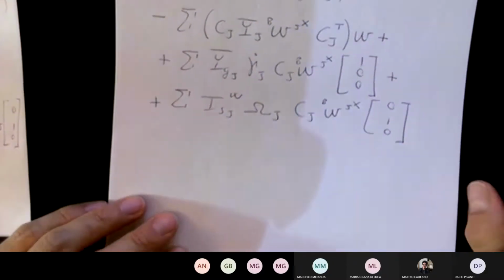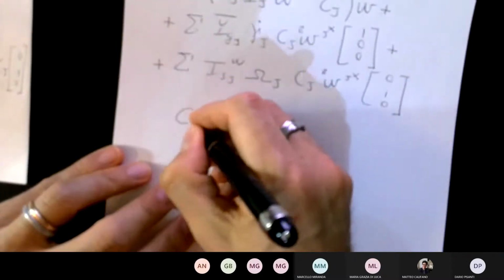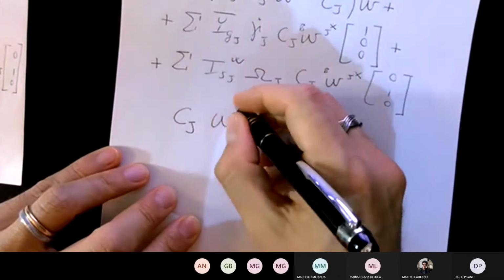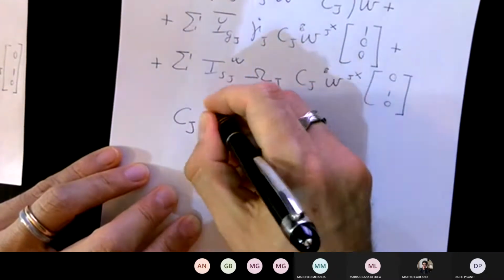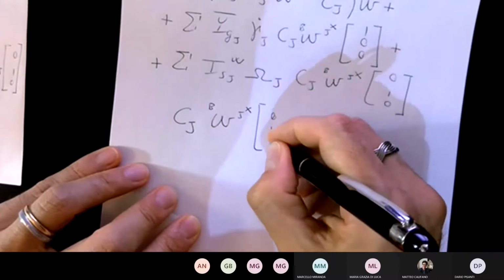Okay. Now we can also see that there are some simplifications here. Cj that multiplies omega J with respect to the body skew symmetric matrix and then 0, 1, 0.